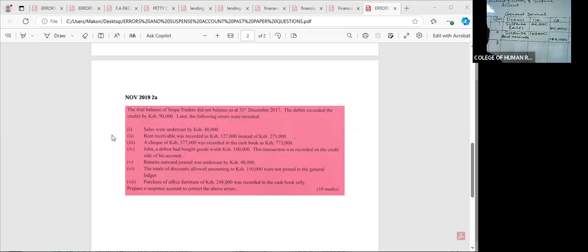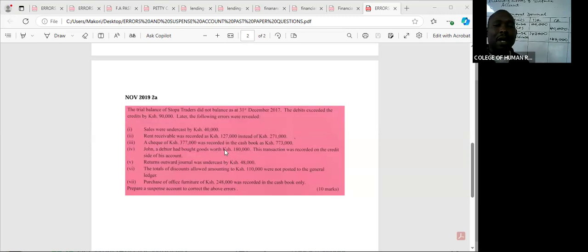Let us go back. Cash book is simply cash and bank. We consider it as a cash book. So, cash and bank being assets, we are supposed to debit them. Yes, we debited, but we debited using 773,000 instead of 377,000. So we over-debited. We made an overcast. So when you make an overcast on the debit, you are supposed to reverse the overcast amount, the extra amount, 396,000.